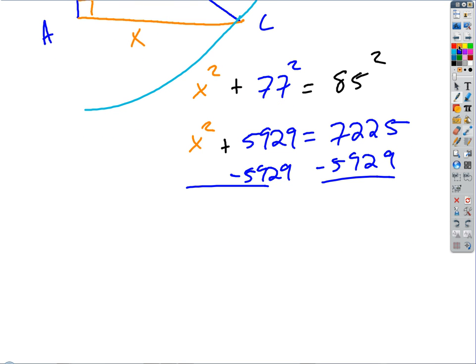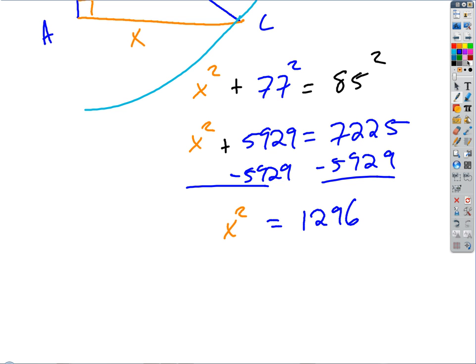So if we do that, we get x squared equals 1296.